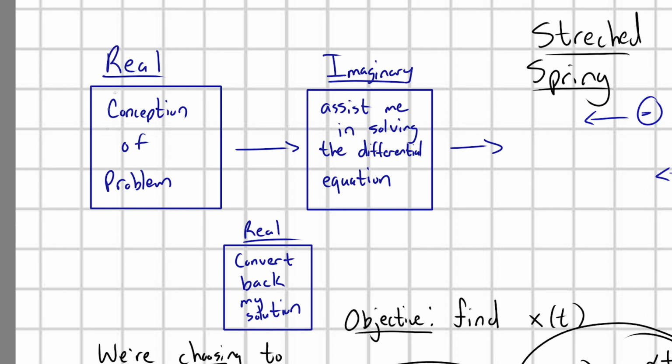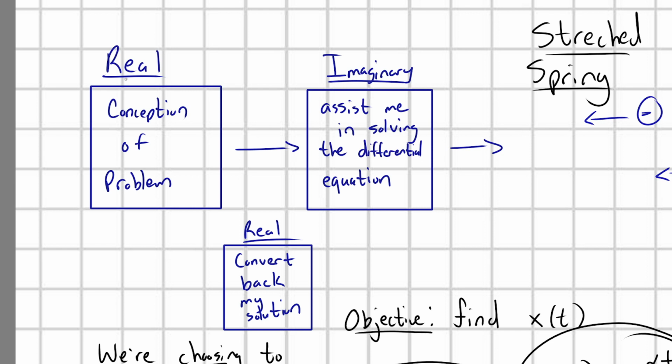So I started with a real conception of the problem. I expand my number system out in order to assist me in solving the differential equation. That's great. And now I need to rein it back in. We still just care about the real component of our answer because that is what's actually representing the position of my block.